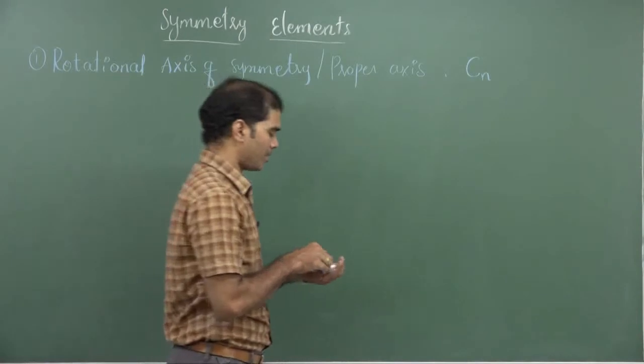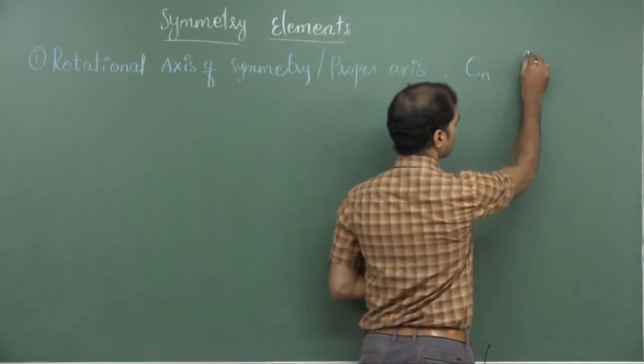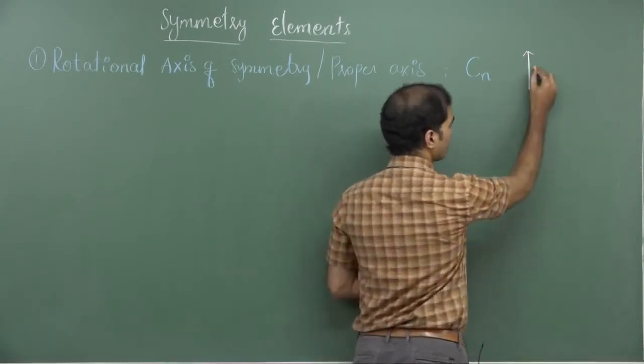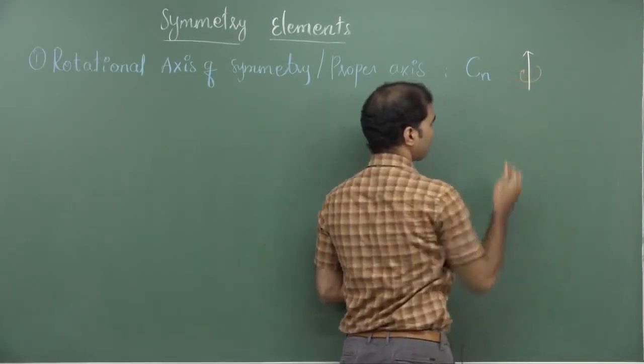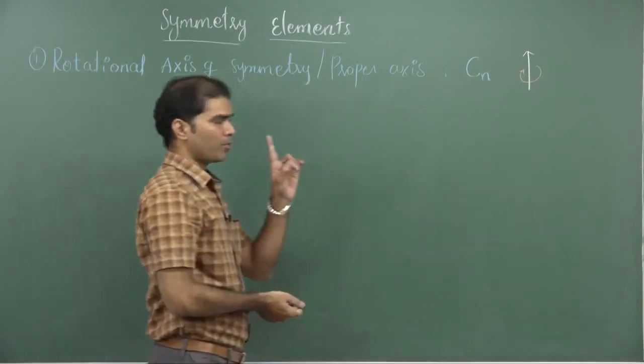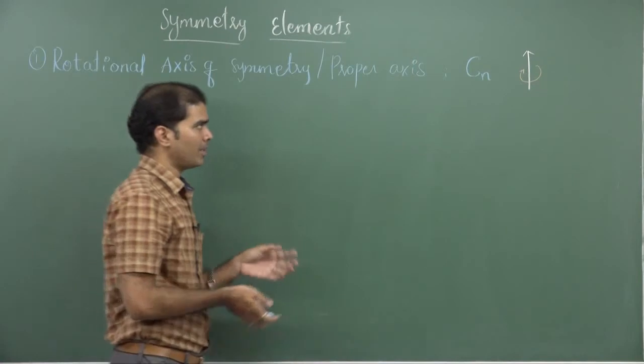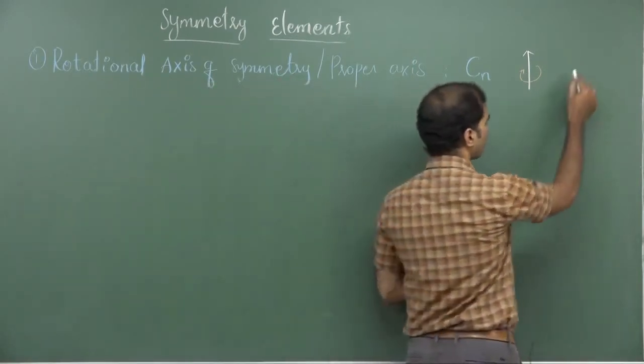Now this rotational axis of symmetry, or we also call it as a proper axis of symmetry, where we use a symmetry element called as an axis, and the operation that we perform is a rotation operation. So whenever we say that we are performing a rotation operation, that particular rotation operation could be a clockwise rotation, or it could be a counterclockwise rotation.